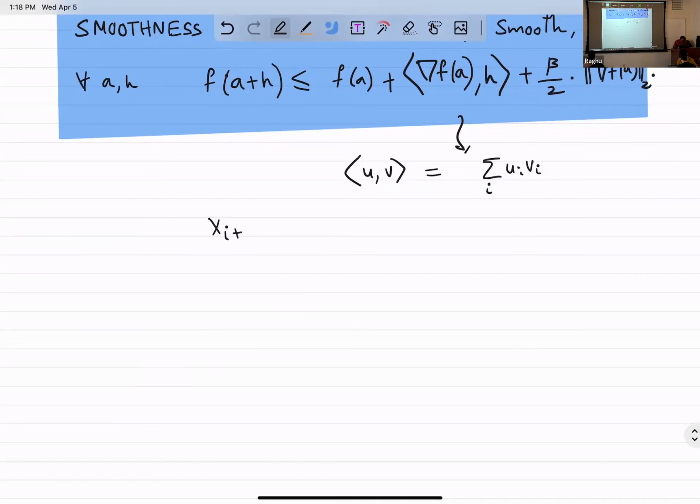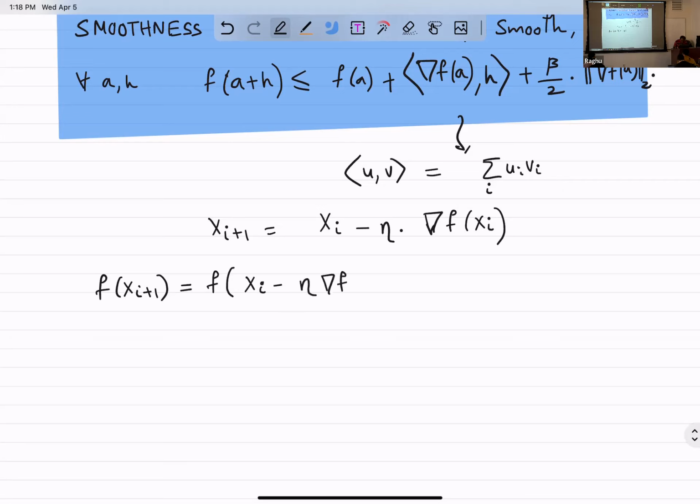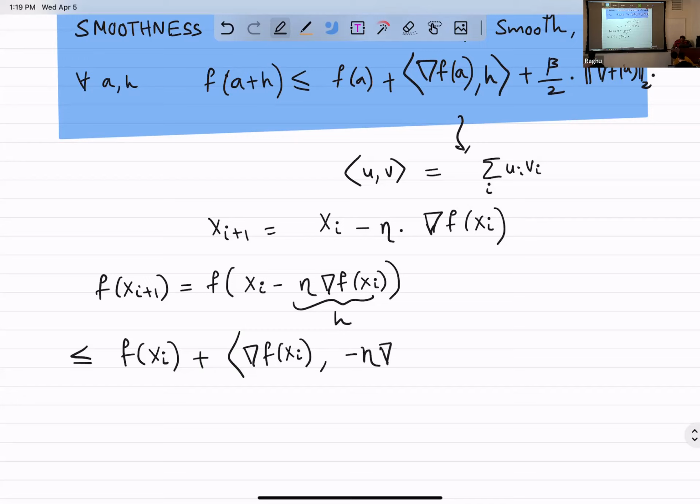So now you have the update x_{i+1} is x_i minus eta times the gradient. Let's plug that in. This is going to be our h, so this is less than or equal to f(x_i) plus the inner product of gradient f(x_i) with the negative gradient.